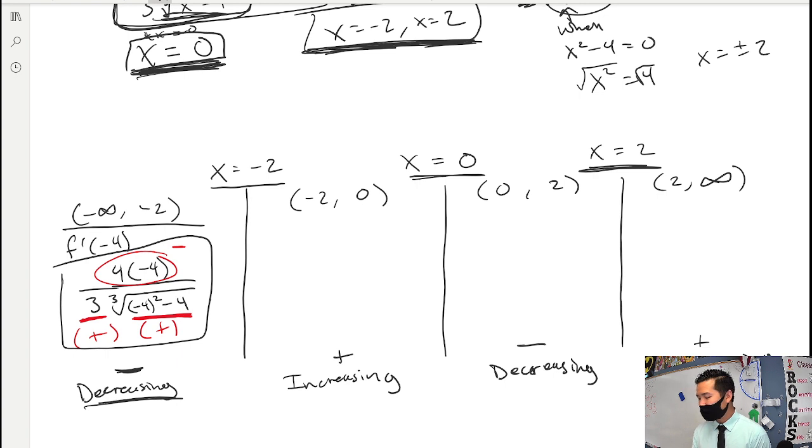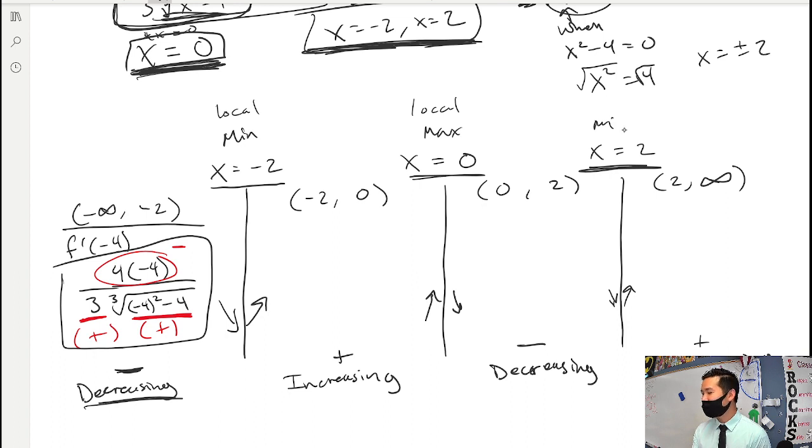Knowing where it's decreasing to increasing and where it's increasing to decreasing, you can tell me, are these maximums or minimums? This one's going down, then up. At x equals negative 2, it's a local minimum. How about this one? Increasing to decreasing. Local maximum. And last but not least, decreasing to increasing.